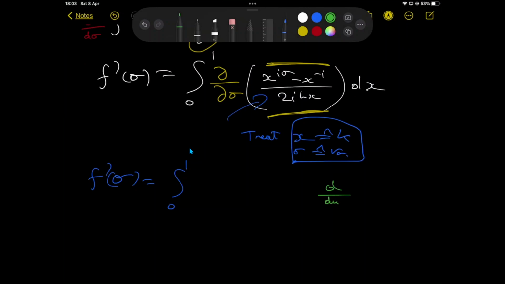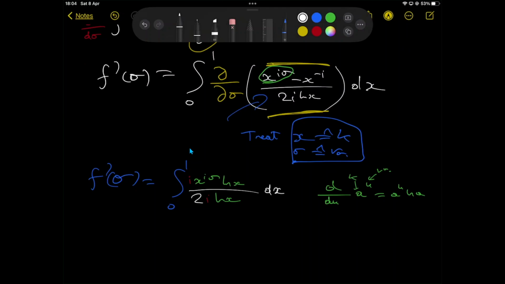If we differentiate a function of the form a to the power of u, where u is a variable and a is a constant, this is just a to the u ln a. Using that, if you differentiate this with respect to sigma, you end up with x to the i sigma ln x multiplied by the derivative of the exponent, i. And this is all over 2i ln x, and then dx.